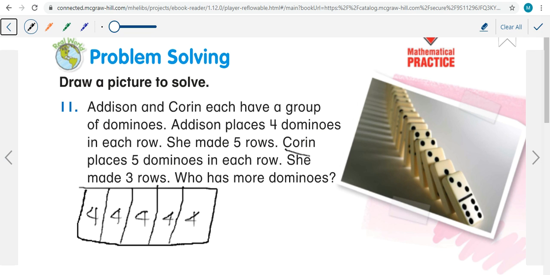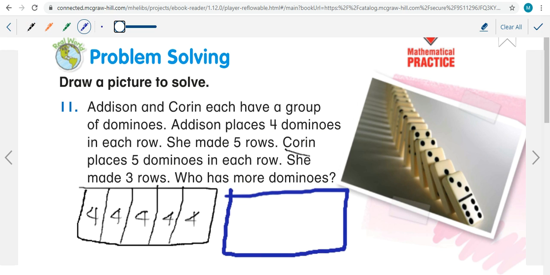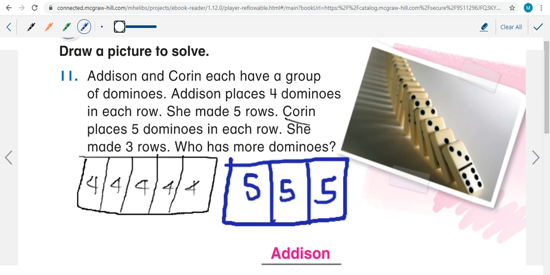Corinne has 3 rows and each row has 5 dominoes. Okay, now we're going to count to see who has more dominoes. 4 plus 4 plus 4 plus 4 plus 4 is 20, and 5 plus 5 plus 5 is 15. So who has more, Addison or Corinne? The answer is Addison.